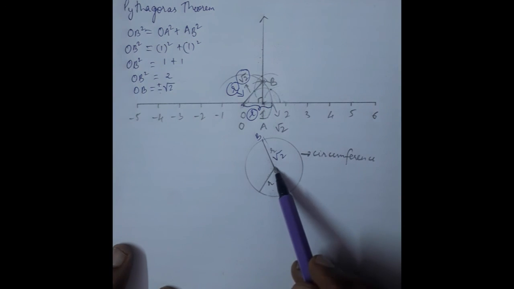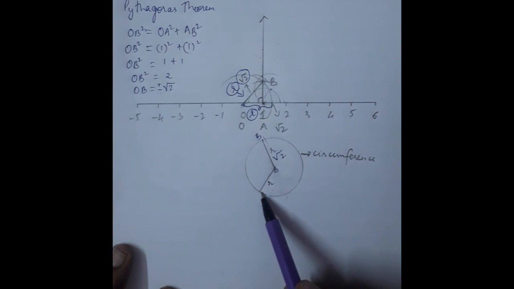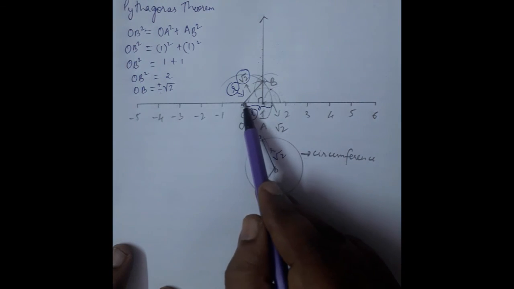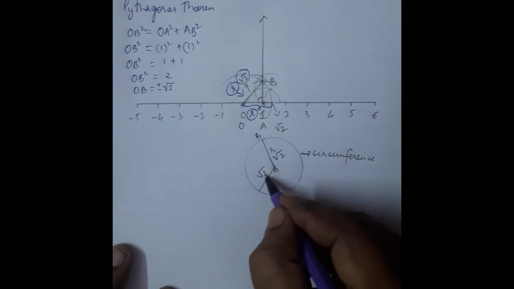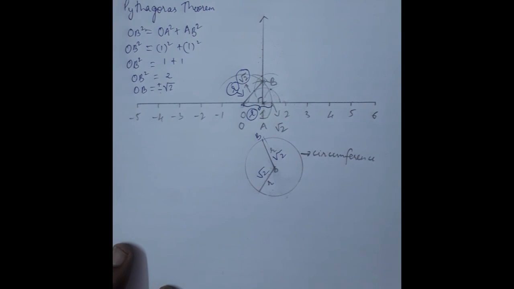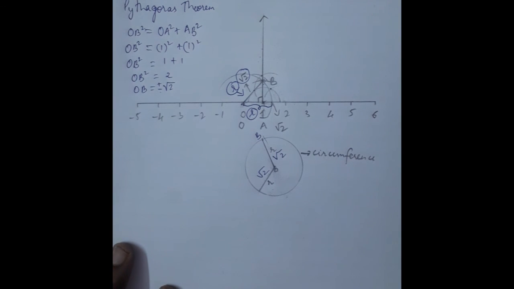Imagine this as your number line, and it cut this number line over here. So the distance from 0, which is this one, till here also becomes root 2, because the radii of a circle are the same. So that's how you get root 2 on the number line.